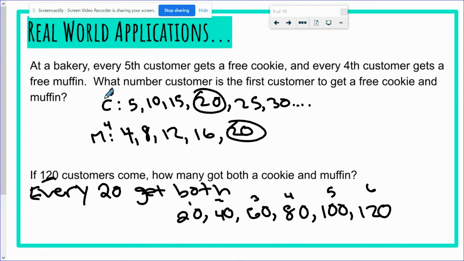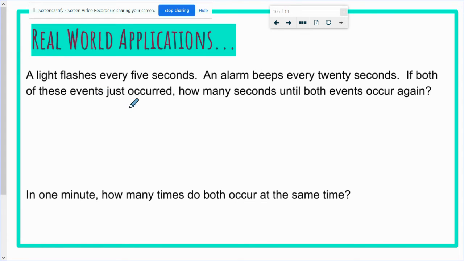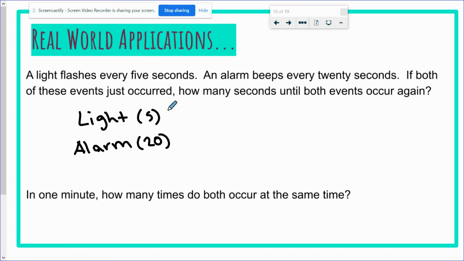All right, let's keep moving. A light flashes every 5 seconds. An alarm beeps every 20 seconds. If both of these events just occurred, how many more seconds until both events occur again?